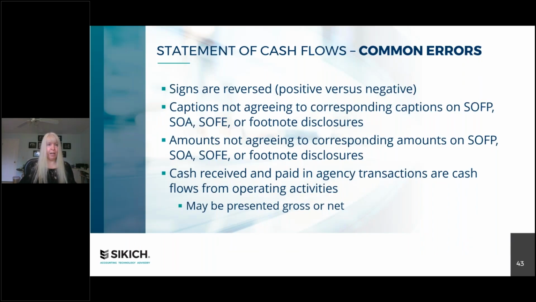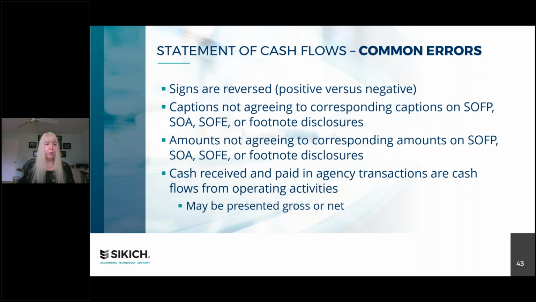Common errors on the statement of cash flows: signs are reversed, so gains and losses, you see this sometimes. Captions don't agree to the corresponding captions on the statement of financial position, the statement of activities, the statement of functional expenses, or the footnote disclosure, so watch what you're calling things. Amounts not agreeing to corresponding amounts.